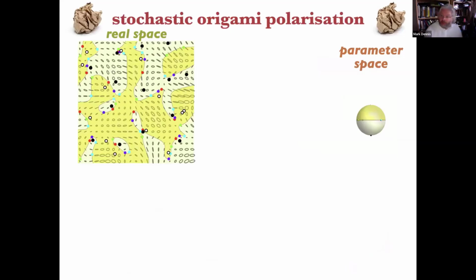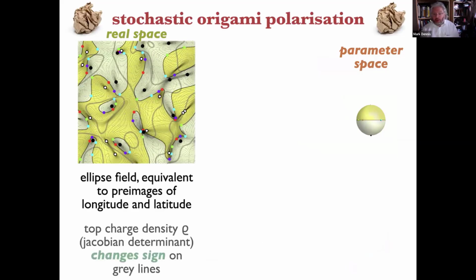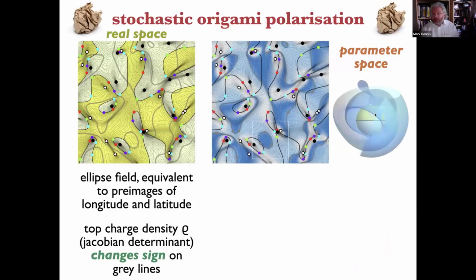So here's the random polarization pattern that I considered before. And now let's just think of this as a piece of wrapping paper wrapping around the Poincaré sphere, where each elliptic point corresponds to the corresponding ellipse on the Poincaré sphere. If you wrap it all up, you get something like this.